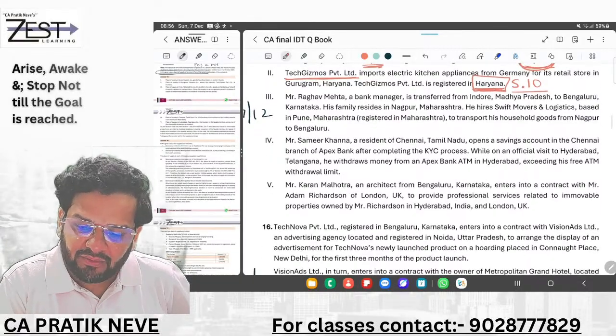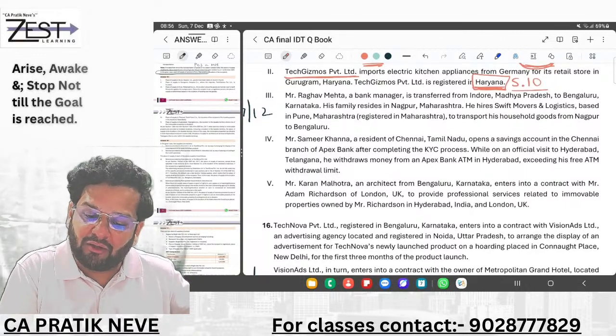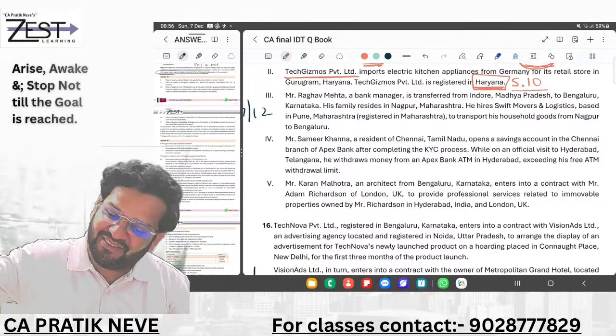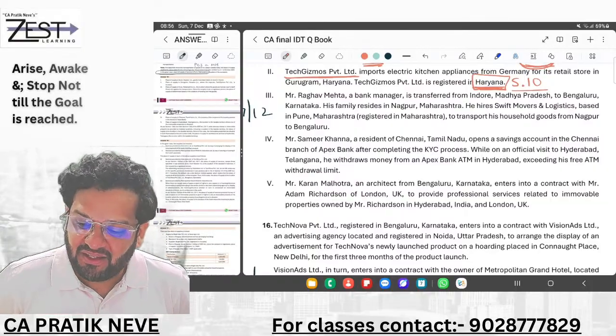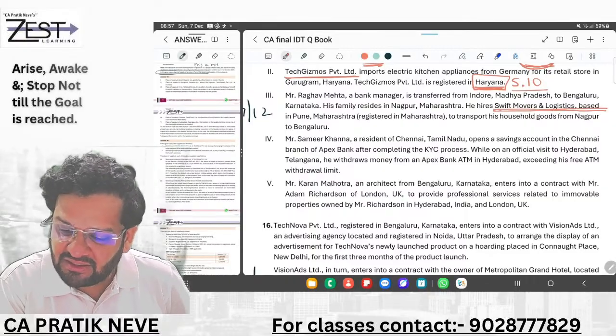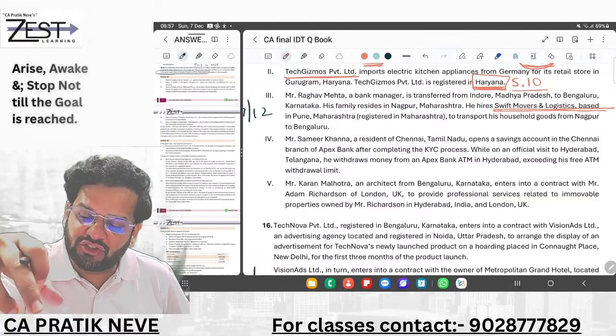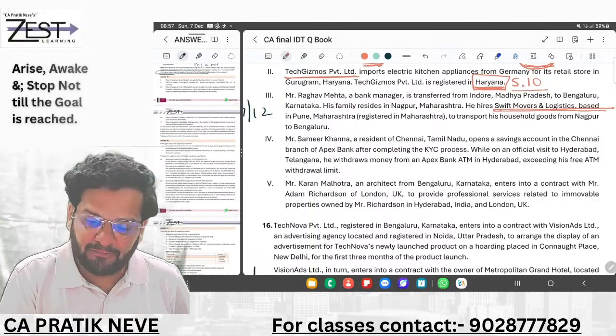Raghav Mehta, a bank manager, is transferred from Indore, MP to Bangalore. His family resides in Nagpur. He hires Swift Movers and Logistics, based in Maharashtra, to transport his household goods from Nagpur to Bangalore.